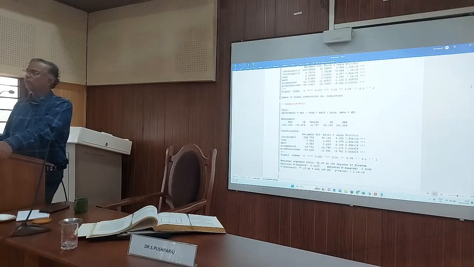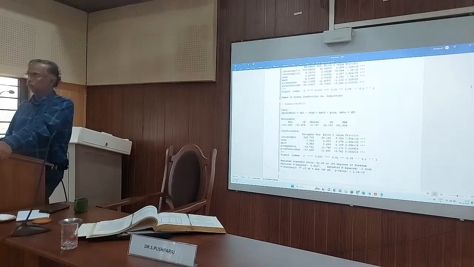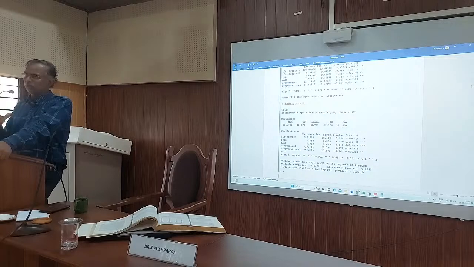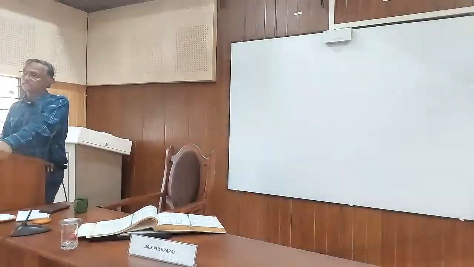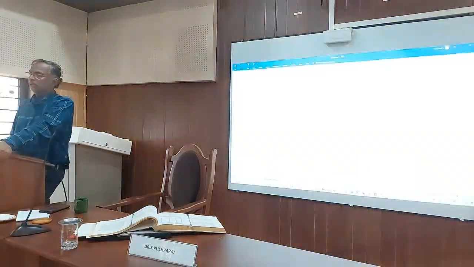These are the four methods people quite often use. Some mixed methods are also there. In the system-wide method you have two: full information maximum likelihood method, FIML, and 3SLS, three-stage least squares method.